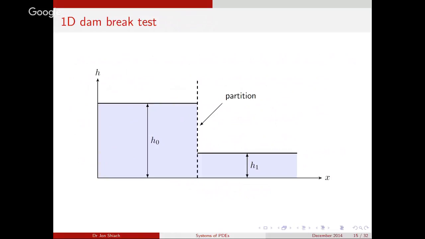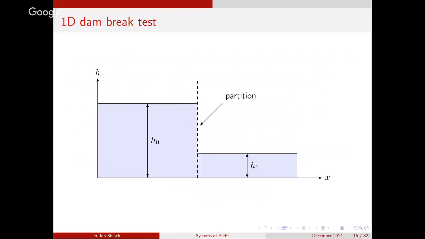Okay, to test a shallow water solution, we're going to do what we call a one-dimensional dam break test. Okay, here's our domain. It's 1D, so we're only looking at the X domain. And what we have is two bodies of water. This is known as the upstream body. This is known as the downstream body.